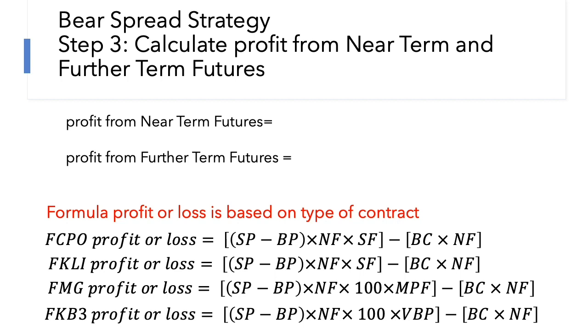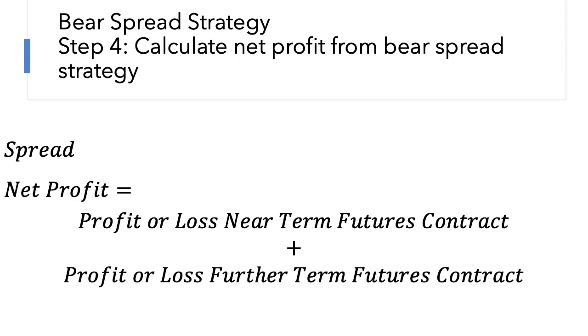Step number 3, you need to calculate the profit for near-term and further-term futures. Step number 3 is based on your futures contract. If you use the FCPO futures contract, then you need to use the FCPO formula for profit and loss. So in step number 3, you need to change the formula based on the futures contract that you use in your spread strategy.